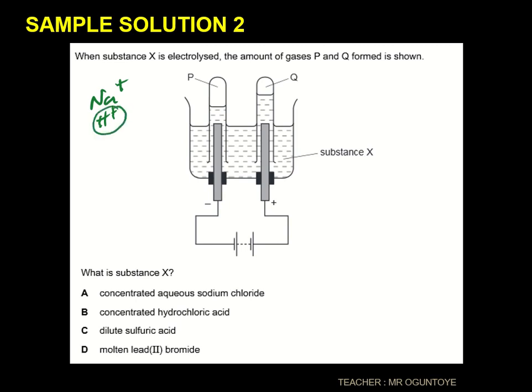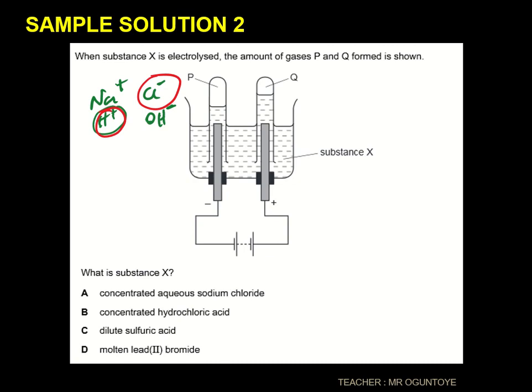On the other hand, in concentrated sodium chloride you have chloride ion and hydroxide ion. Because it is concentrated, the halide will be discharged. So you have both hydrogen and chlorine gas that will be produced at the electrodes.